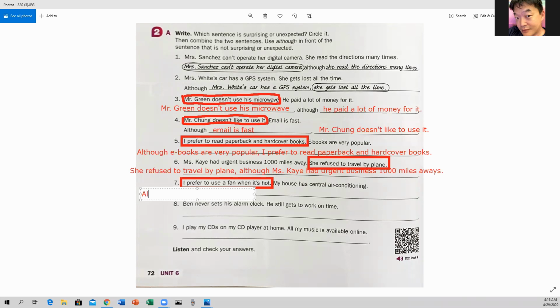Let's do like this. Although my house has central, I'm gonna just put AC, okay? Comma, I prefer to use a fan when it's hot. Okay?